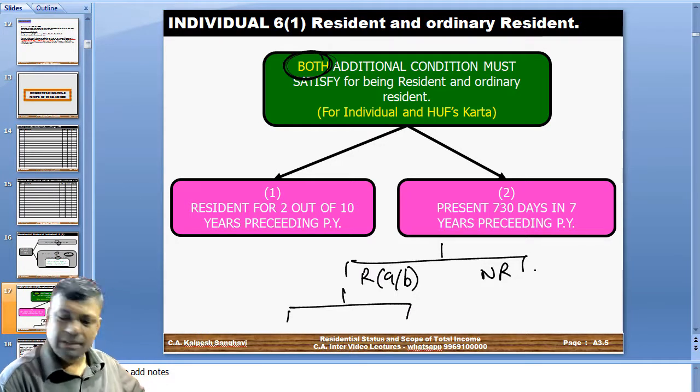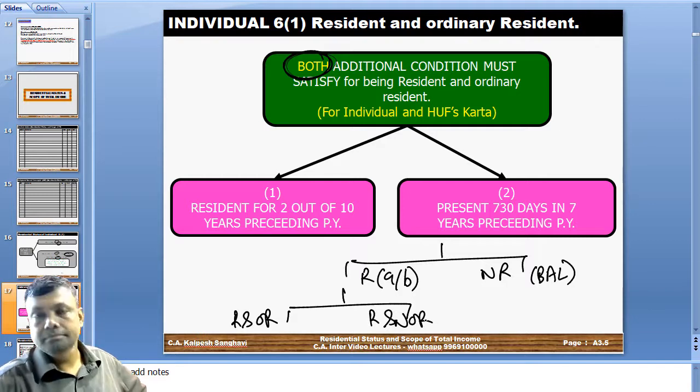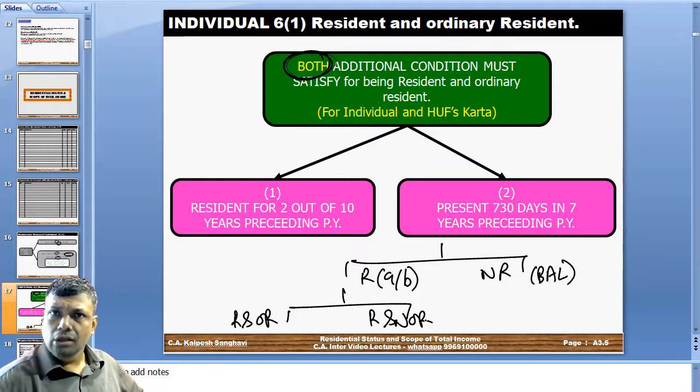So if you understand in the chart manner, first of all, you have to decide whether you are resident or you are non-resident. This is based on A or B. And if you are resident, only then you have to apply or think about further test. And for non-resident, no such specific test. Then you can be resident and ordinarily resident, or resident and not ordinarily resident. But this further subdivision will be depending upon only if you are a resident first. Is that absolutely clear? For example, if there is some taxpayer who is a non-resident, then for the non-resident, there is no further classification.